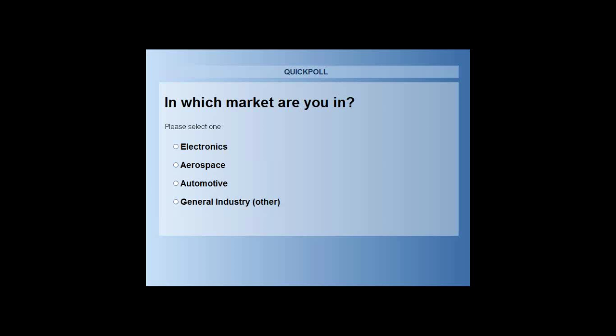So on the question of markets, there's a question in front of you now. If you could respond to this, just so that we get an idea of which market you're in.